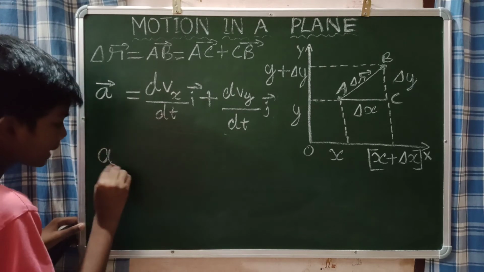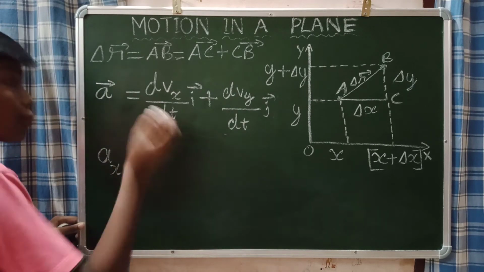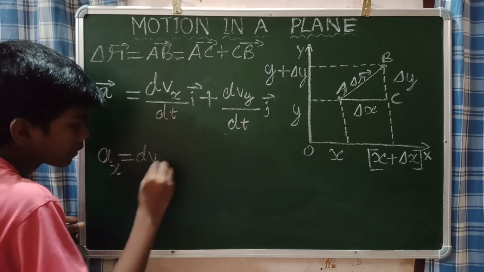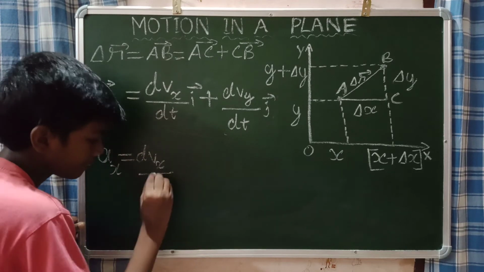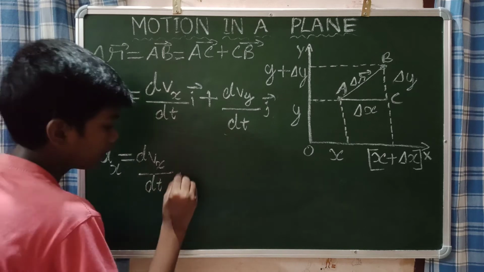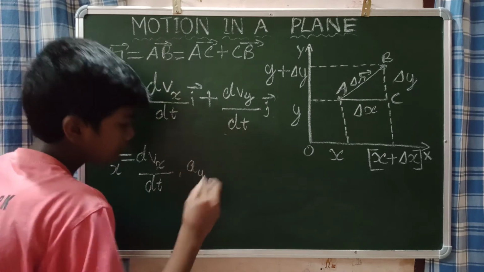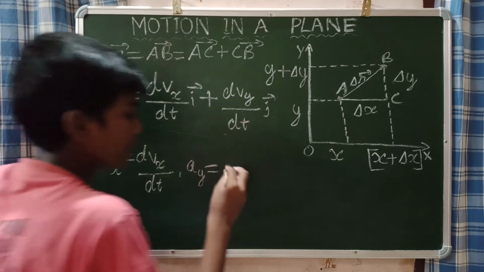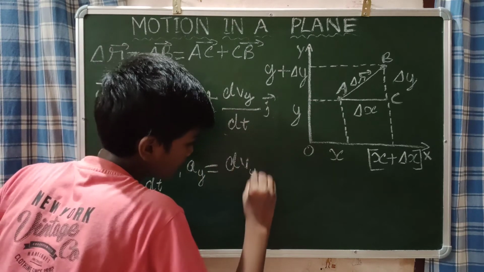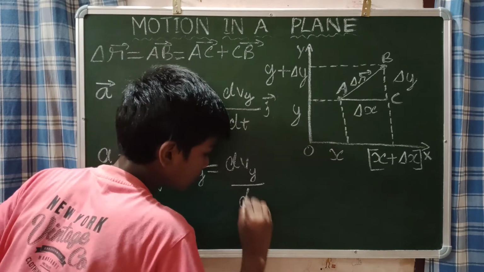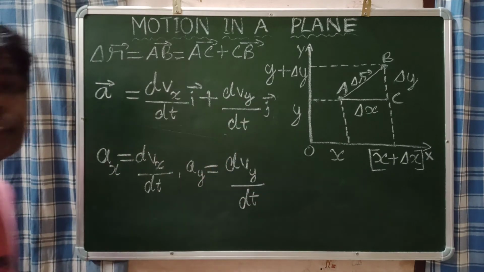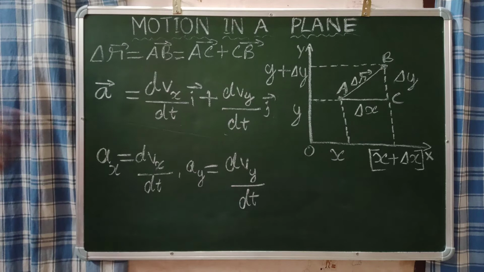I am representing it like this: ax, the x component of acceleration, is equal to dvx divided by dt, and ay, the y component of acceleration, is equal to dvy divided by dt. This will give us the x component and y component of acceleration. That is all. Very simple thing.